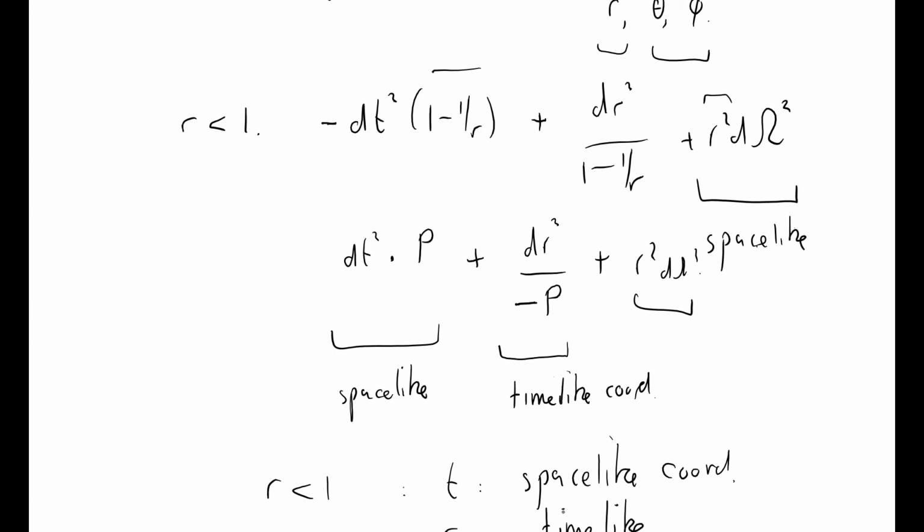Inside the event horizon, r is the time-like coordinate. And so if time goes forward, your r changes, and we'll see later that r decreases with proper time.